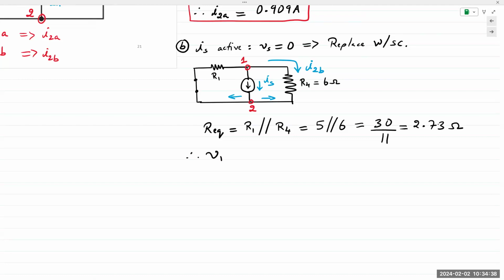Therefore, the voltage between terminals 1 and 2 can simply be given by Ohm's law, IS times Req. IS is 2 amps times 2.73. This gives me 5.46 volts.